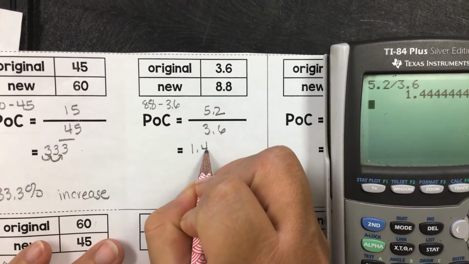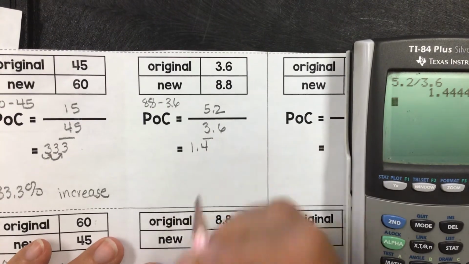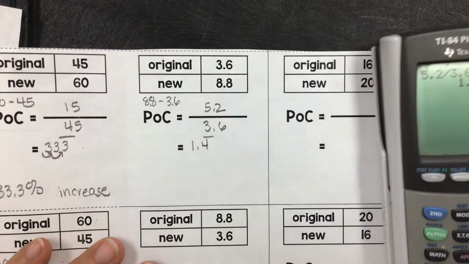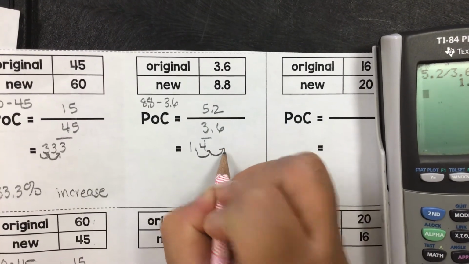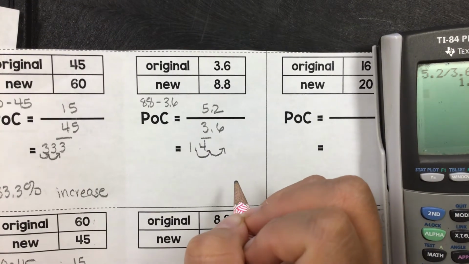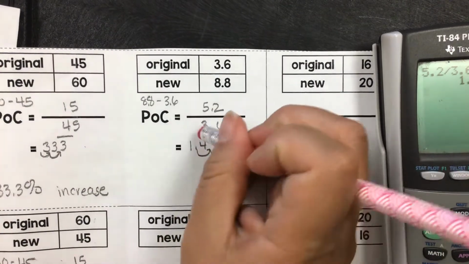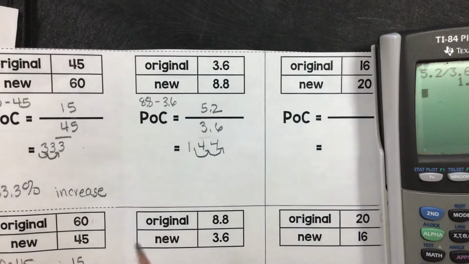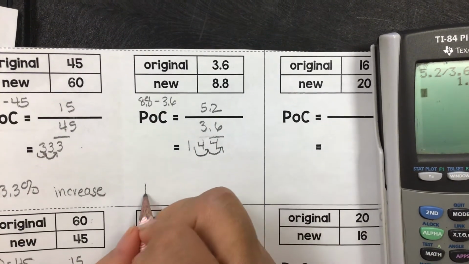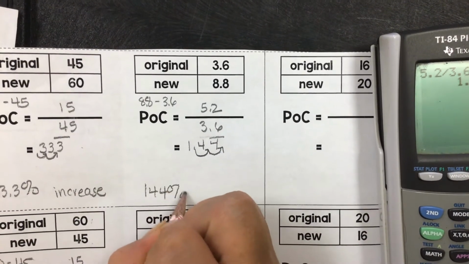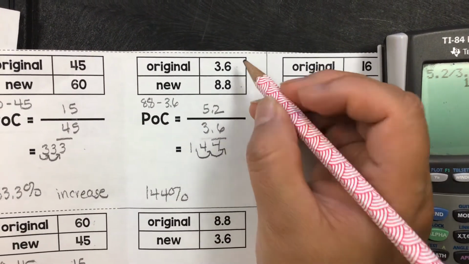And like I mentioned, if it's repeating, that would be close enough, and we just say that it repeats. It wouldn't round up either because it's 0.4. We moved the decimal places 2 over. So a more accurate description would have the 4 right here instead of the 0, and then the 4 keeps repeating. That means we have 144%, and this would be an increase because the original was 3.6.